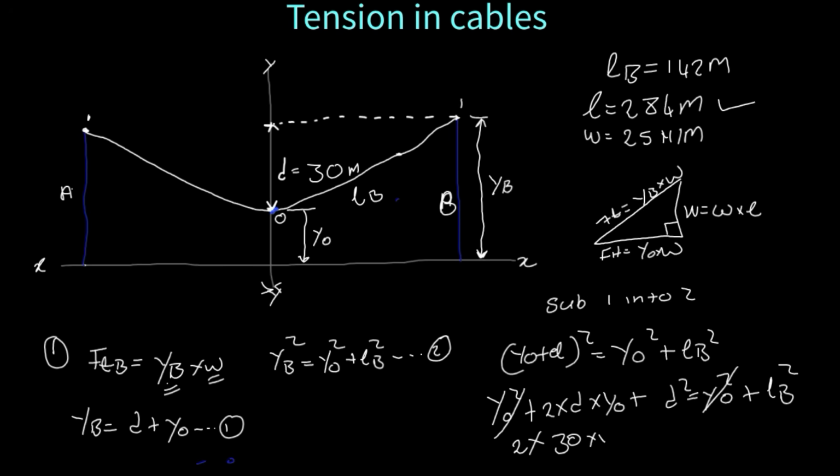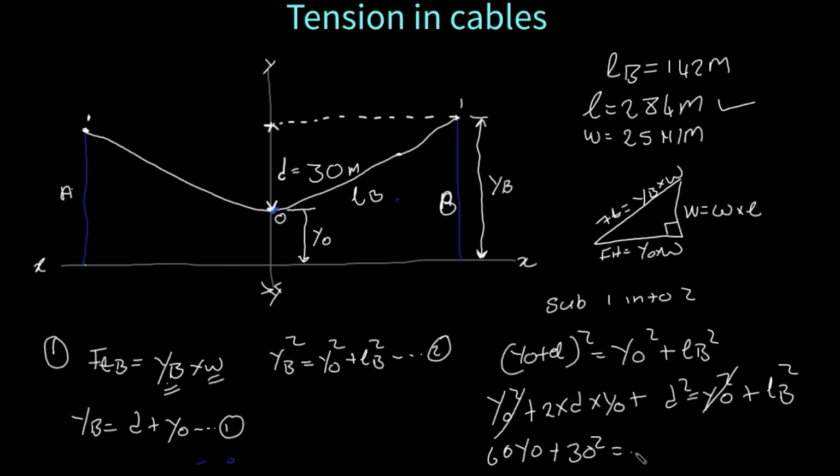So simplifying this, we're going to end up with 60 YO. This is how we simplified that one. Then d squared is going to be, we said d is what? 30 squared.